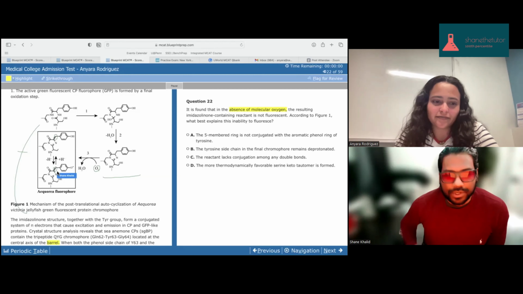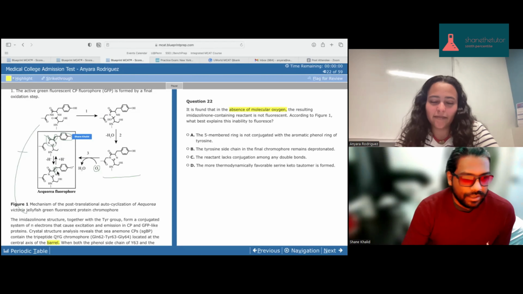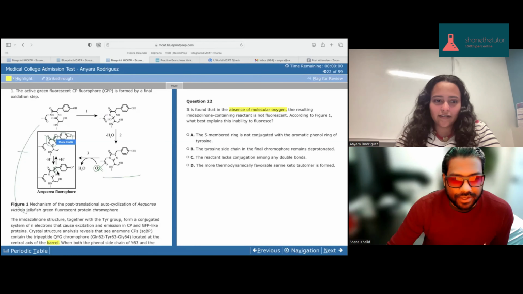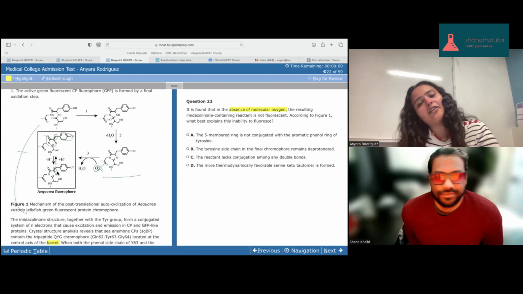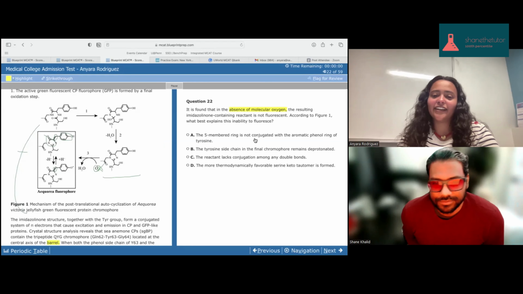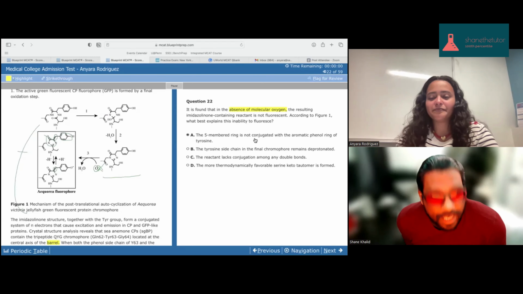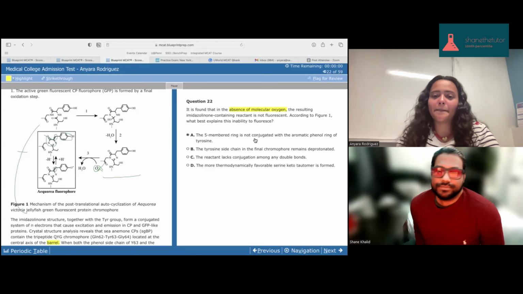So there's conjugation between the 5-membered ring here and the tyrosine. If you don't have that, you won't have that there. It'll just look like that. Okay, that makes sense. So it's A for sure. I think so. The 5-membered ring is not conjugated with the aromatic phenol ring.